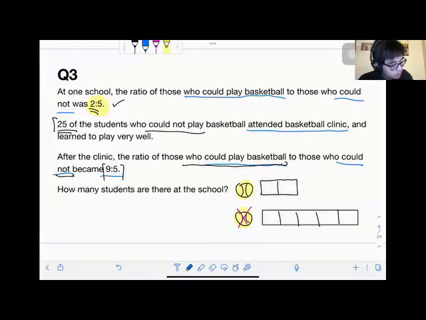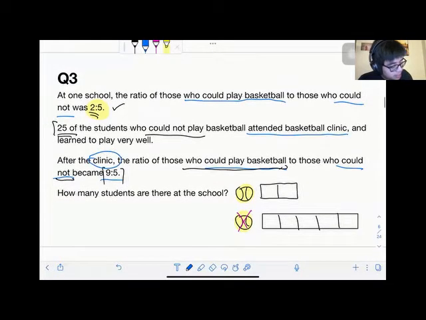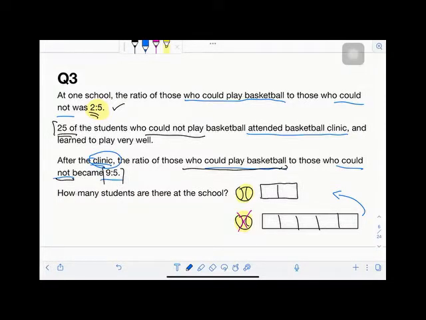So, ma'am, yung sinabi ninyo, no, na pagkatapos ng clinic, may mga students na umakyat galing dito papunta dito, no? So, pagkatapos po ng clinic, yung mga marunong sa basketball, dumarami po ba sila o kumonte? Dumami po. Dumami, no?